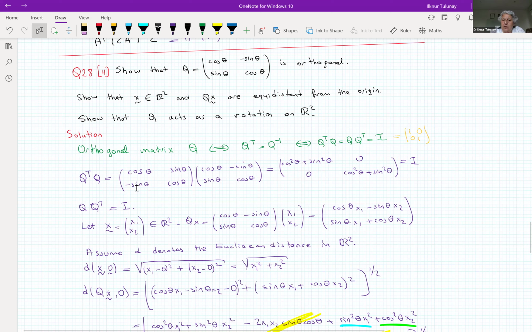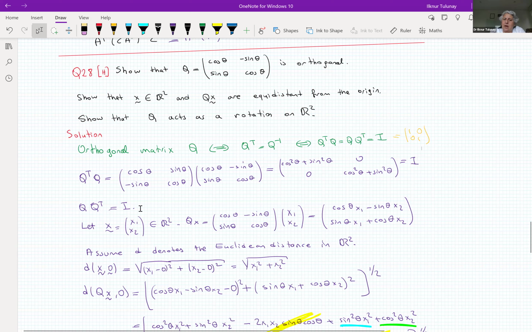Here with this column, we have minus times minus, which will be plus sine square theta plus cosine square theta. We know that sine square theta plus cosine square theta is equal to 1. So that will be just an identity. So we prove that Q transpose Q is identity.